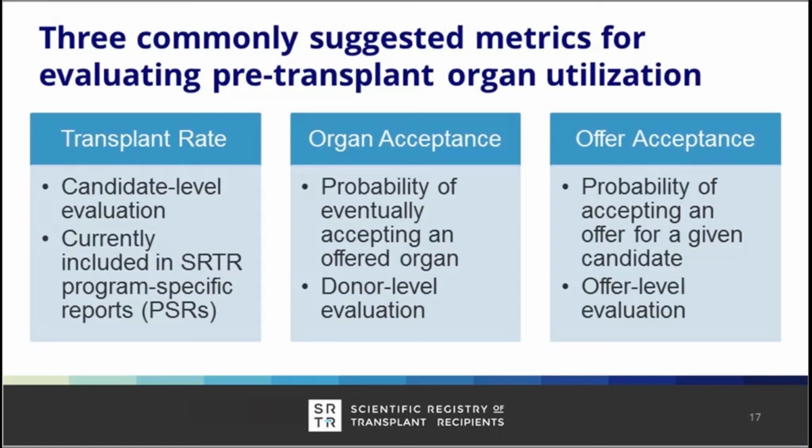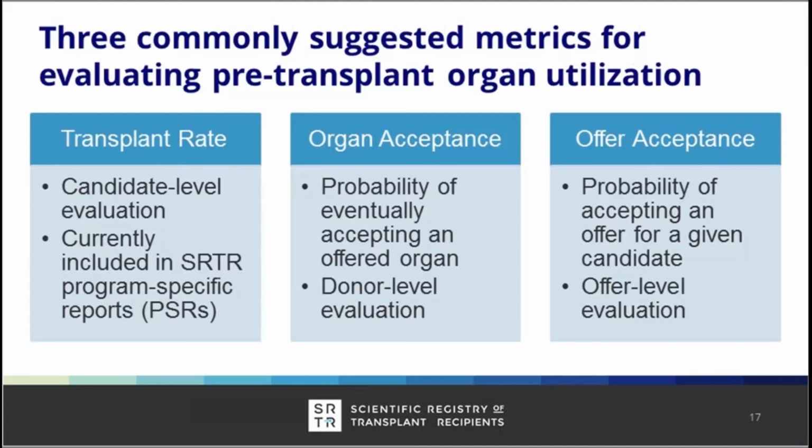The transplant rate is about patients transplanted at your program, or listed at your program, and how quickly they are being transplanted, and that can be influenced by many things. But importantly, I would say that this is a candidate-level evaluation. In other words, you can't adjust that transplant rate for donor characteristics.